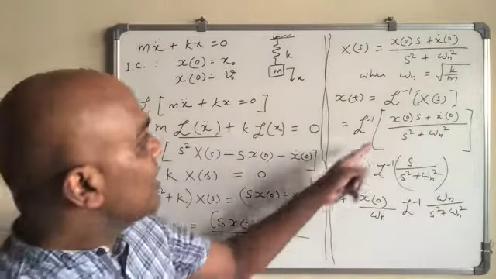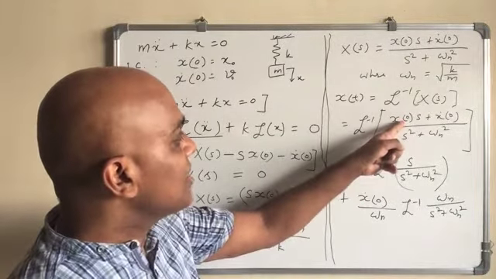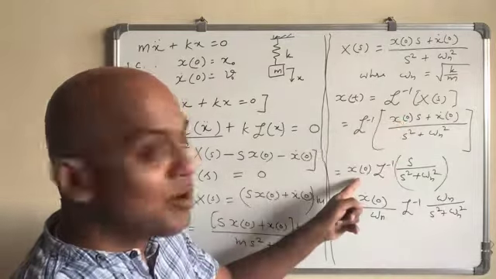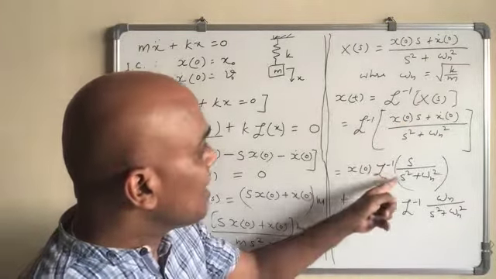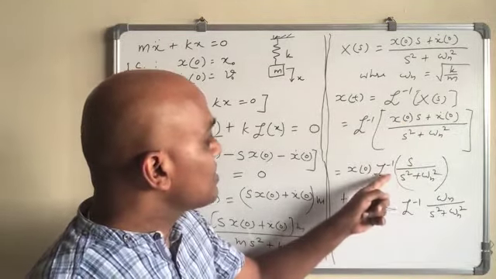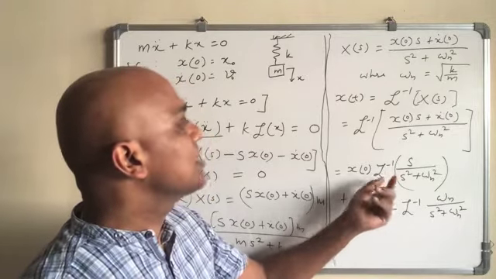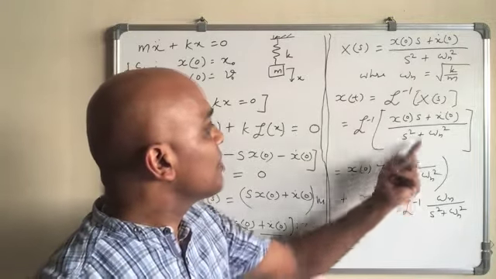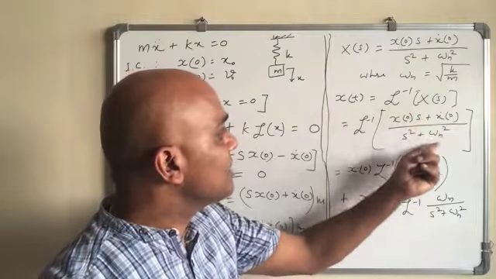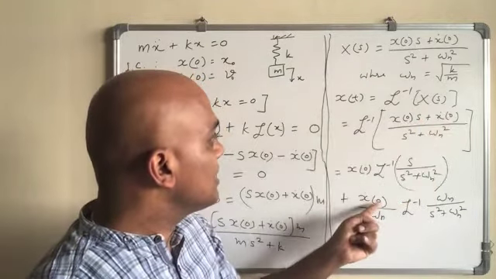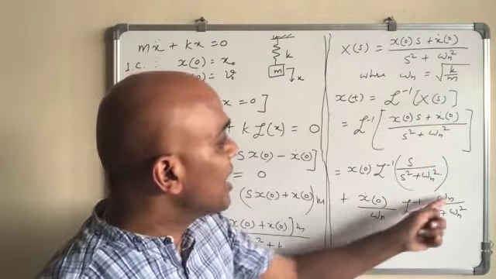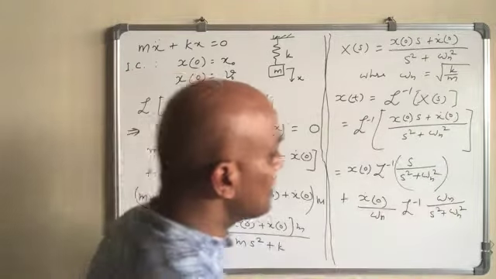So we get x naught, x at t equal to 0 here, then the inverse Laplace transform. This divided by this one, then we get this divided by omega n, so that we have omega n here, and then this term.